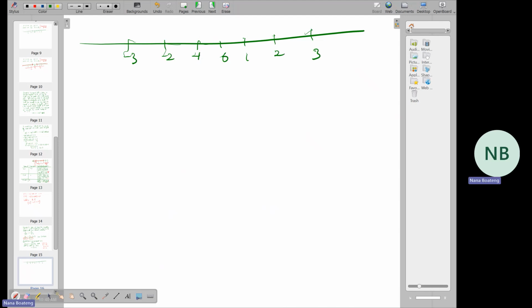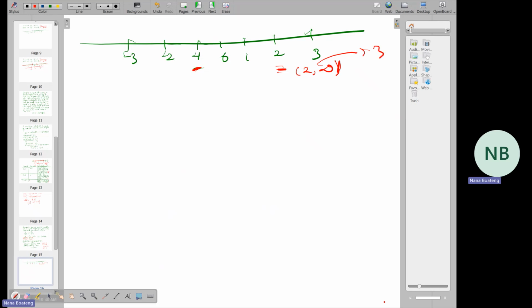The boundary values are -1 and +2. So we pick values in these intervals. From 2 to infinity, we'll pick a value such as 3.